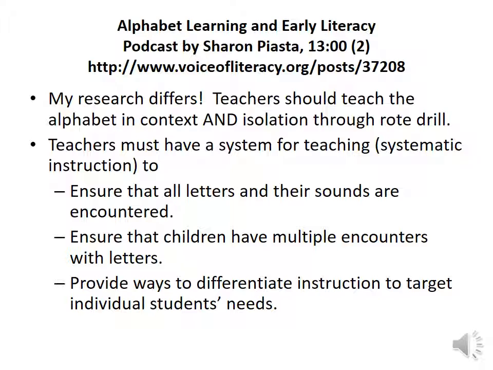But I have found that teachers should teach the letters in the alphabet in context and in isolation through rote drill. And I believe I mentioned in a preceding lesson how I used to, for my first grade students, put letters of the alphabet on the floor, play marching music, and they marched around on them and said the name of the letter and the sound that it represented as they marched on the letters.